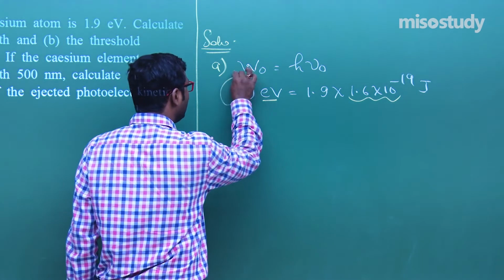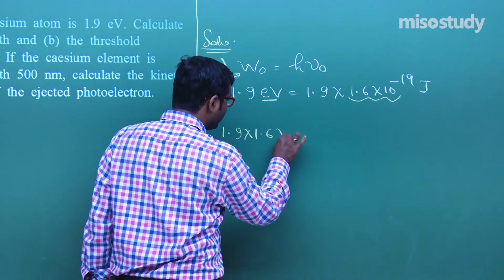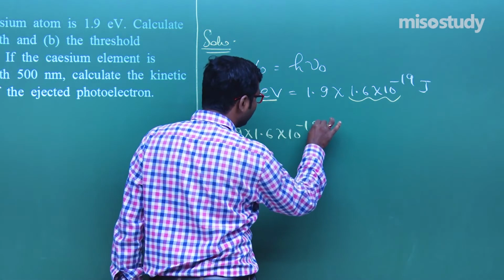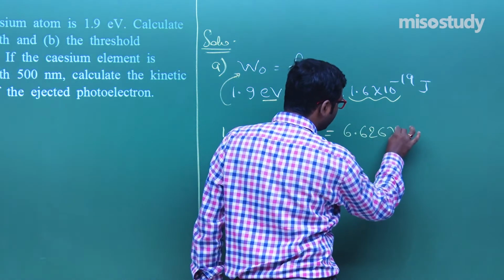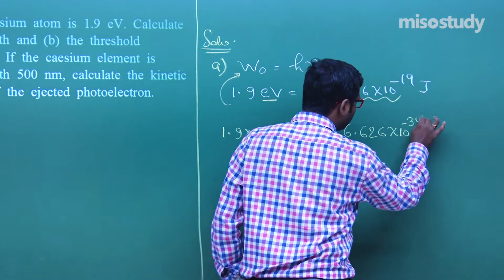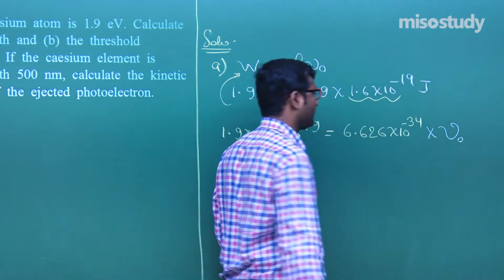So put this value here: 1.9 into 1.6 into 10 to the power minus 19 is equal to h, 6.626 into 10 to the power minus 34 into mu naught.